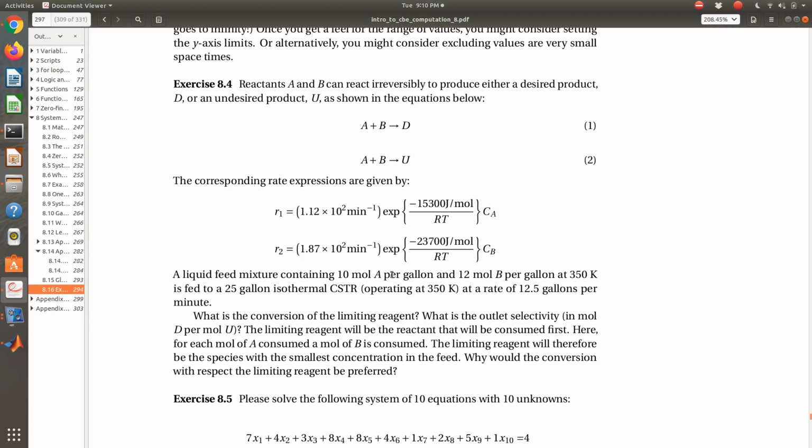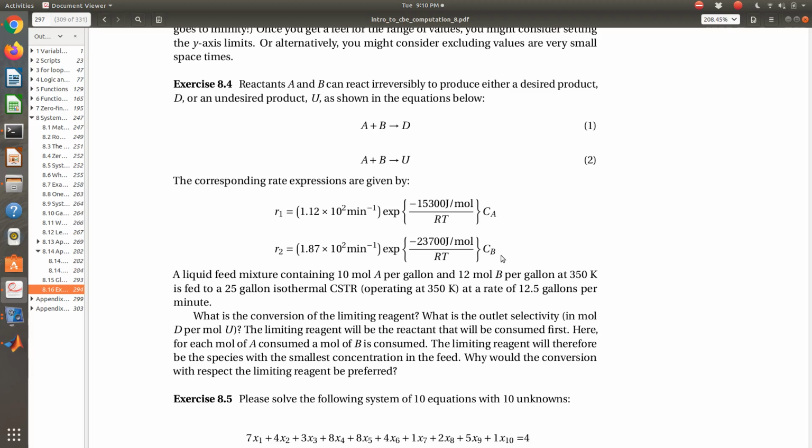If this goes to completion, I'll have 0 moles of A left and 2 moles of B. Now the problem is when I still have 2 moles of B left and 0 moles of A. In theory, I have no more A to react. But mathematically, the challenge is R2. R1 will be 0, but R2 will not be 0, because R2 is first order in the concentration of B.